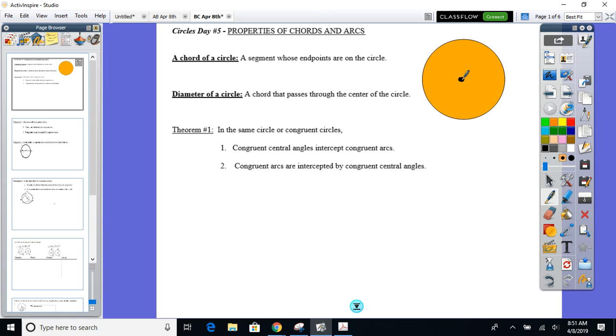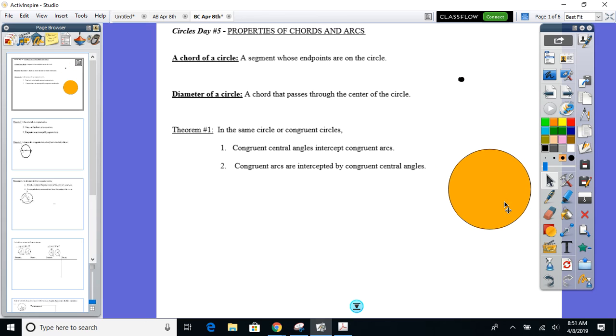Okay, here we go. Theorem 1. Everyone has a circle. What I'd like you to do first, place a center in that circle, please. Name the center however you want to name it, because that'll name the circle.